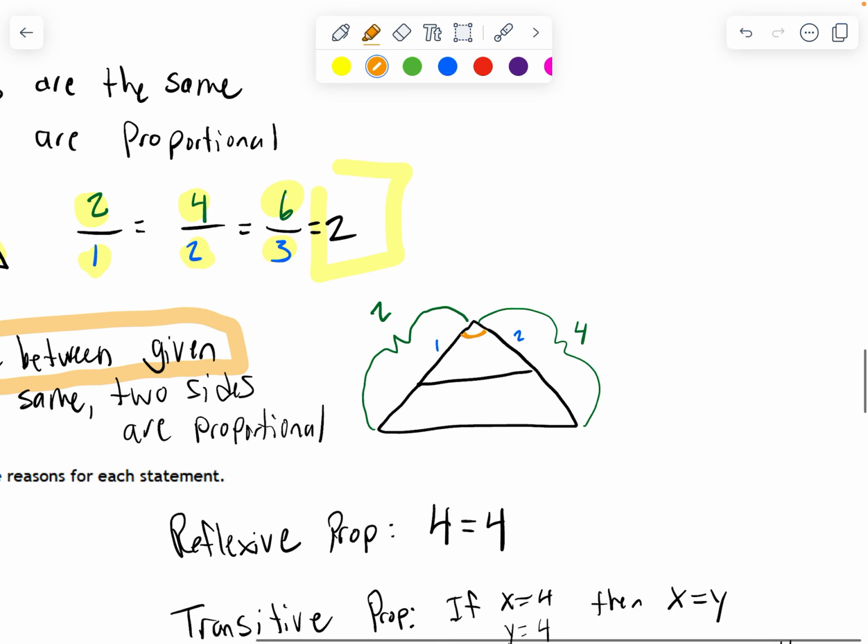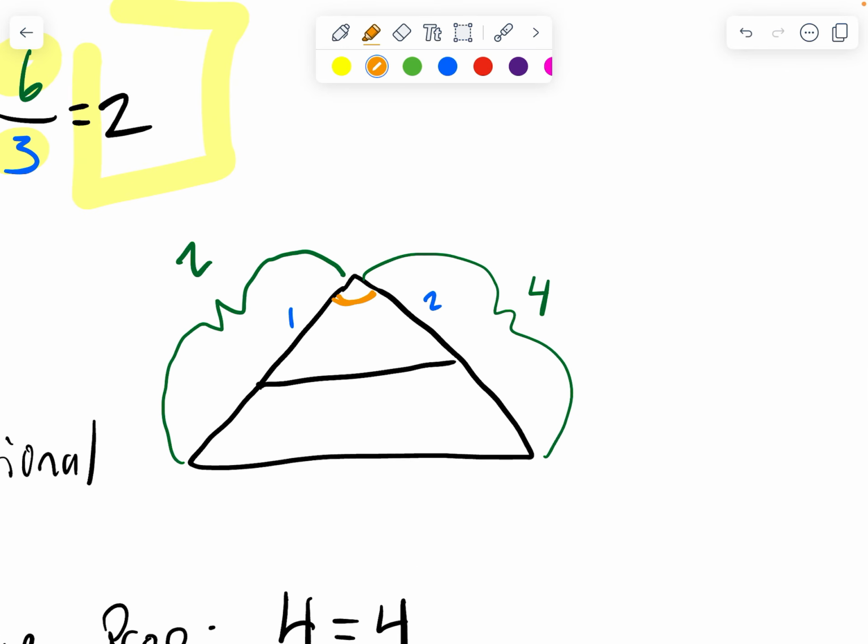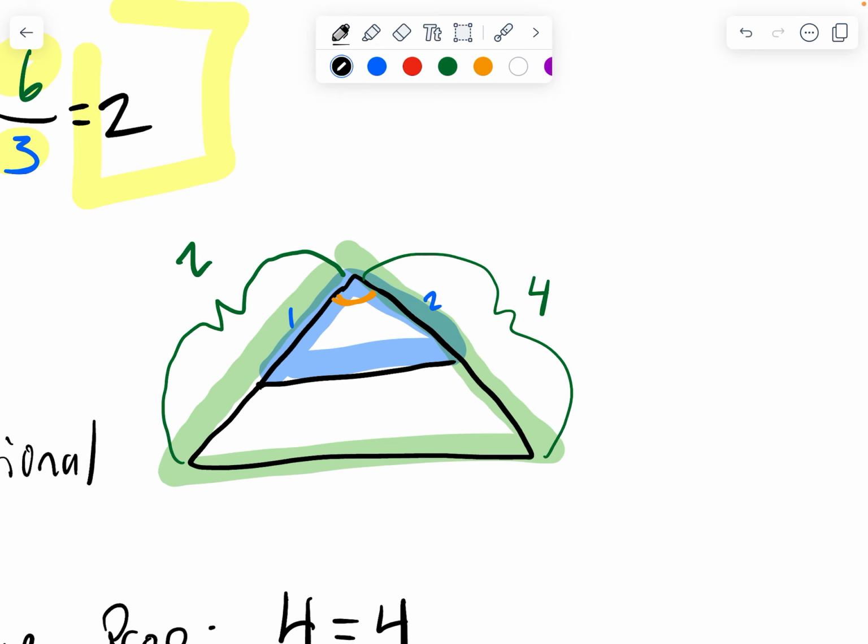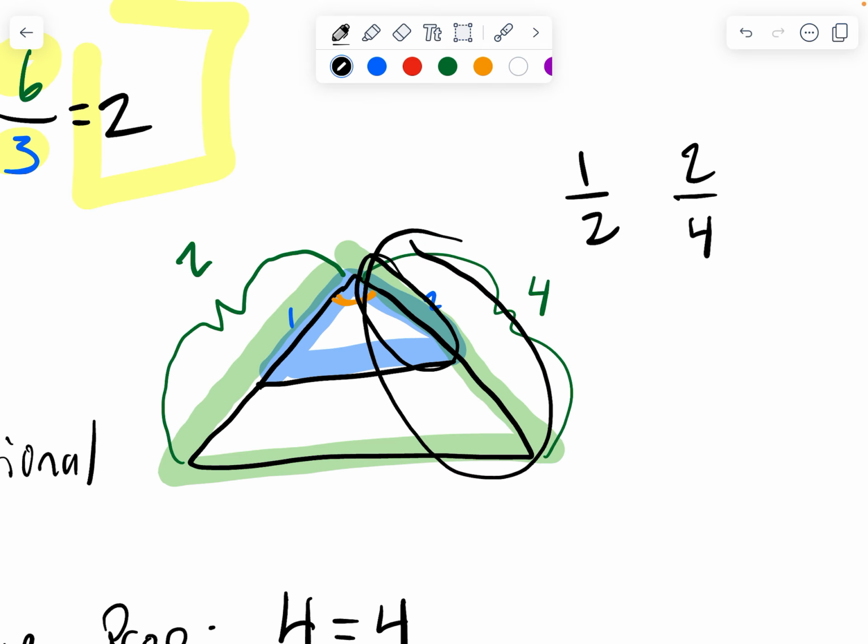So, for example, on a little triangle here, we have the smaller triangle right there, and the larger triangle is the whole thing. Right? We have side length 1 and side length 2. Side length 2 over side length 4. So those correspond.